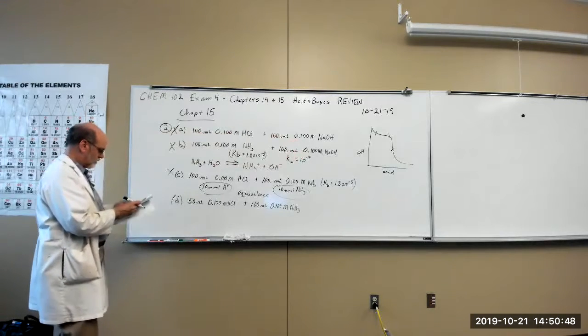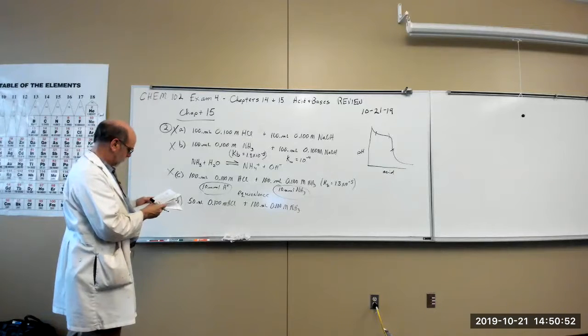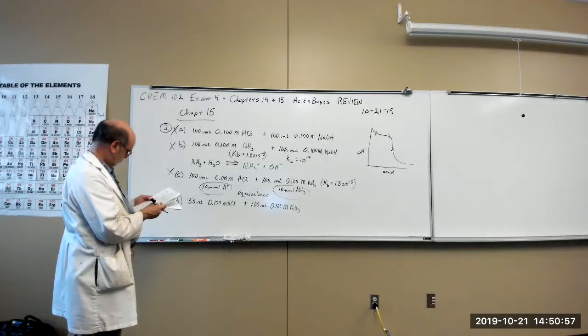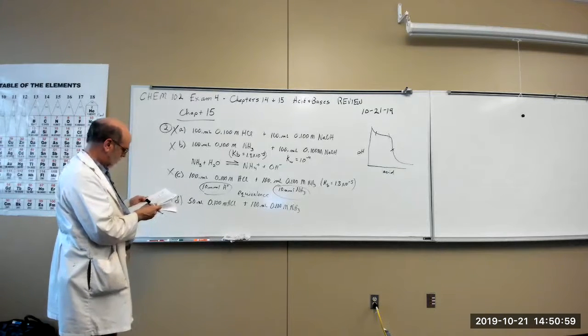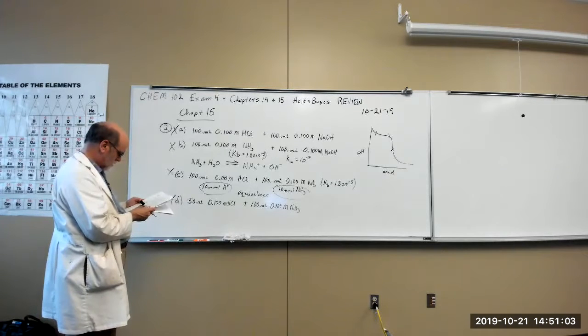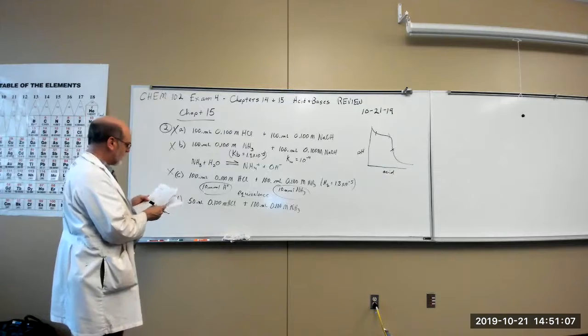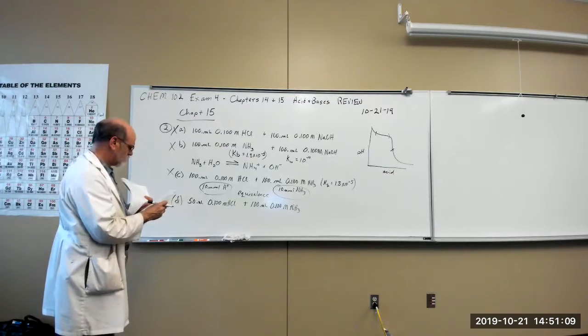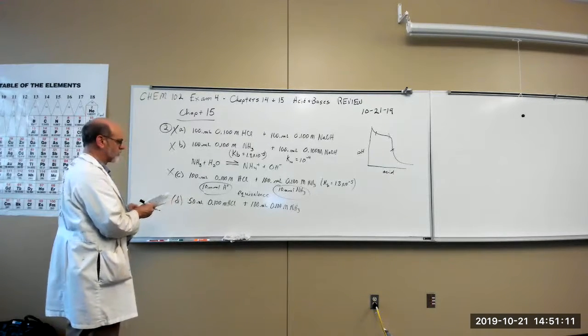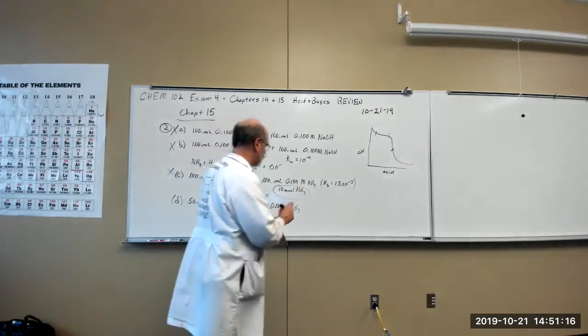So, the way I worked it out, I actually calculated what the pH is. But to answer the question, which of the following mixtures would be a buffer, all we need to do is say, what do we need to know about the buffer?